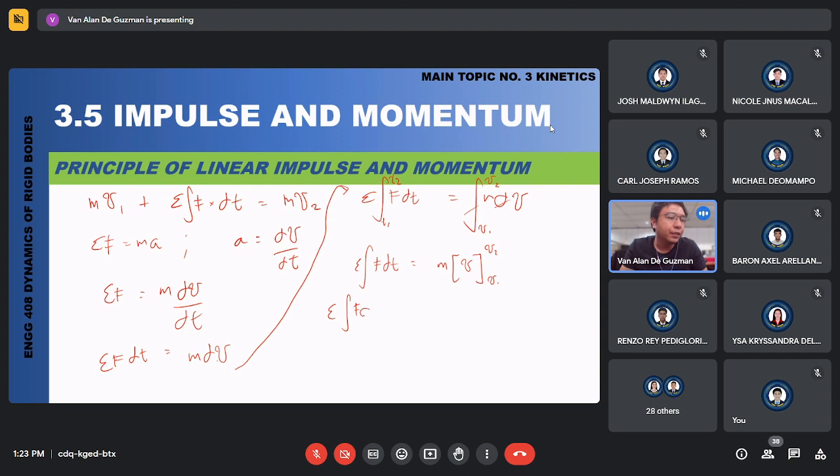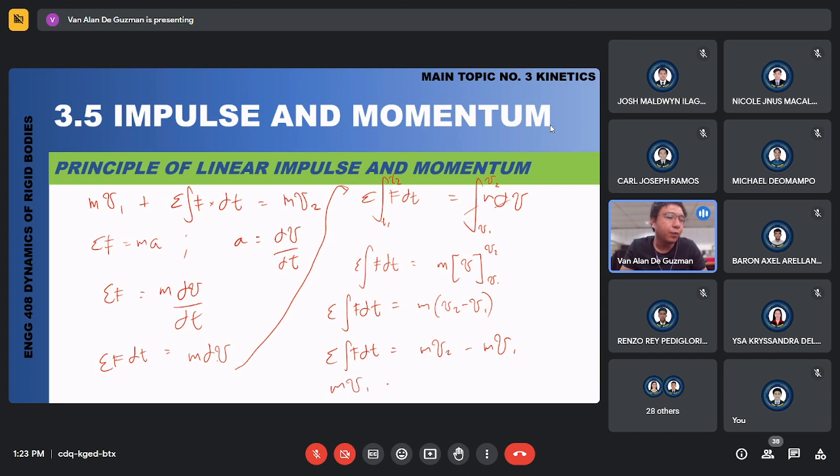F dt is equal to m v sub 2 minus v sub 1. Okay? Further, pwede natin siyang distribute. F dt equal to m v sub 2 minus m v sub 1. Pwede natin ilipat ito pakabila. Transpose natin.